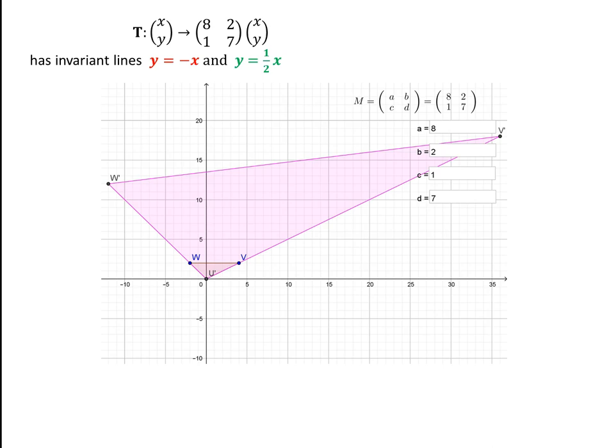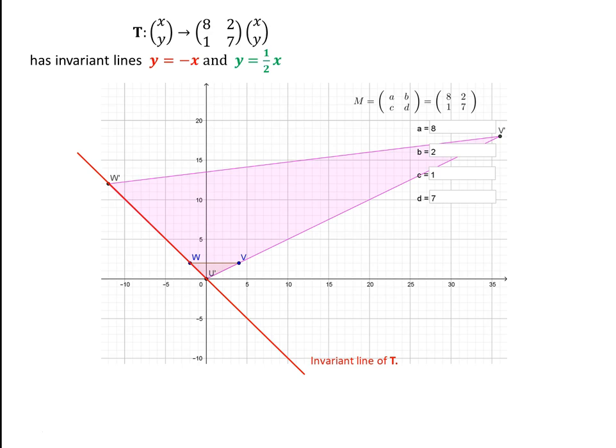The image point is still on the line y equals minus x. So the line y equals minus x is invariant under the transformation, but W dash is 6 times the distance from the origin that W was. So the transformation sends points on the line y equals minus x out by a stretch factor of 6.